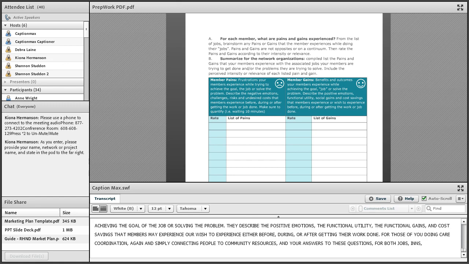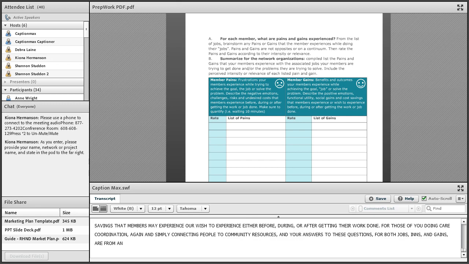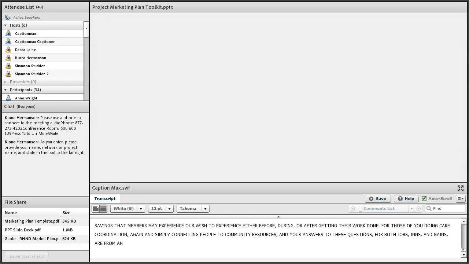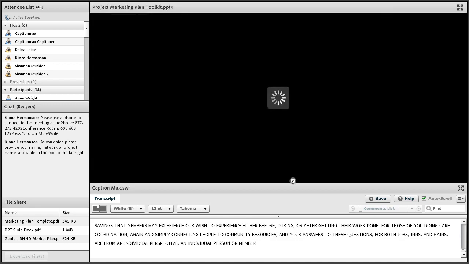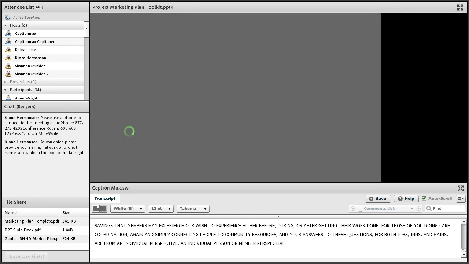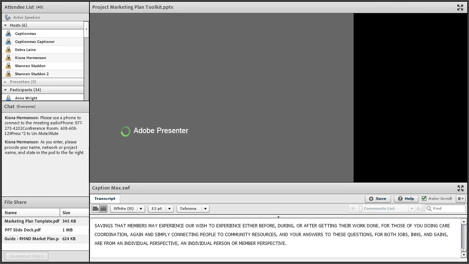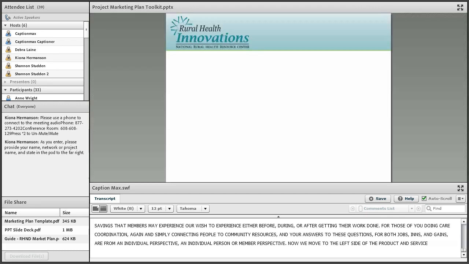And for those of you doing care coordination, a gain is simply connecting people to community resources. And your answers to these questions for jobs, pains, and gains are from an individual perspective, an individual person or member perspective.